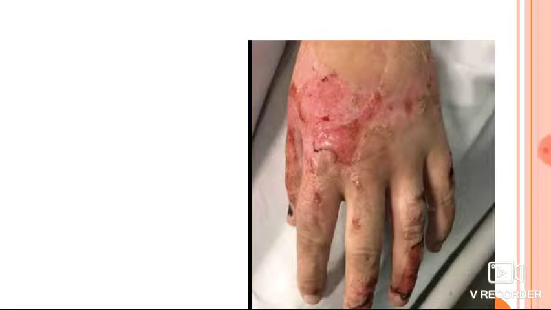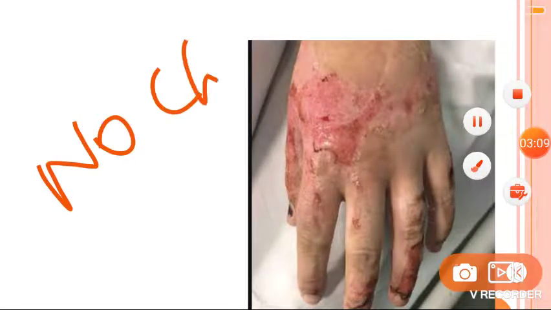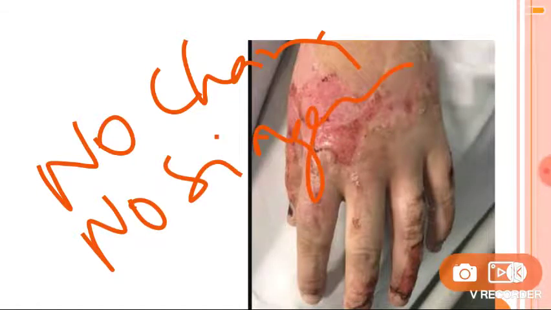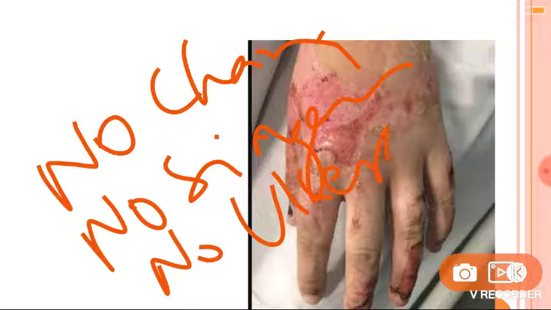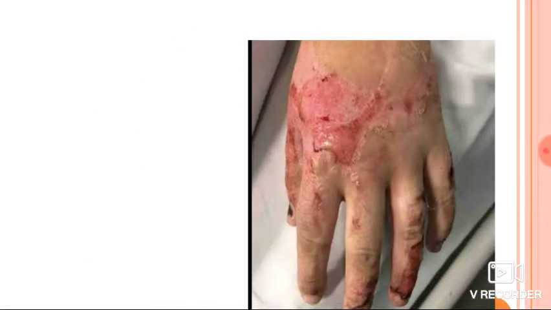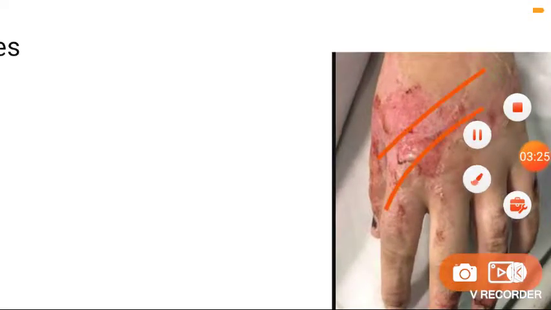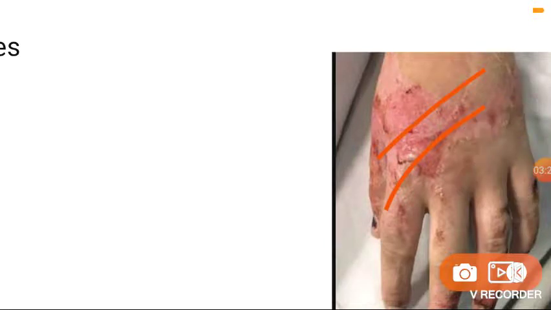Splashing may be present. Charring, singeing, ulceration is absent. There's no charring, there is no singeing, there is no ulceration. So you can see it is superficial, bleached, sodden, with vesicles, surrounded by a red line, and there is no charring, no singeing, no ulceration.